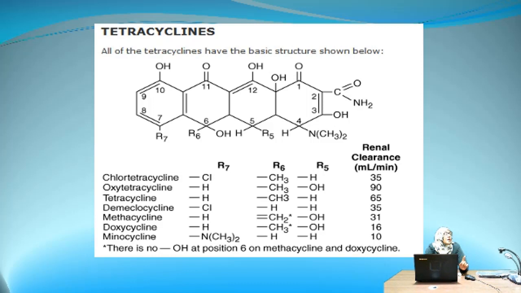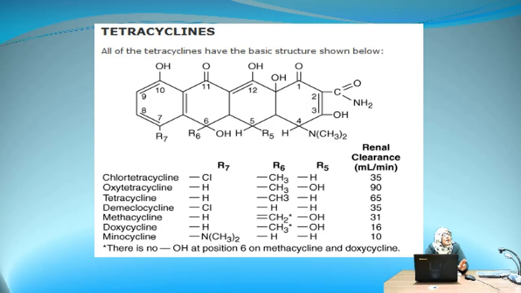Tetracycline has H at R7, CH3 at R6, and H, hydrogen, at R5. Demeclocycline has chlorine at R7, and hydrogen in both R6 and R5.